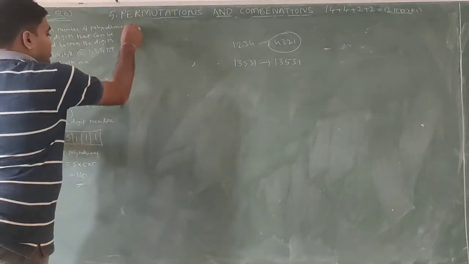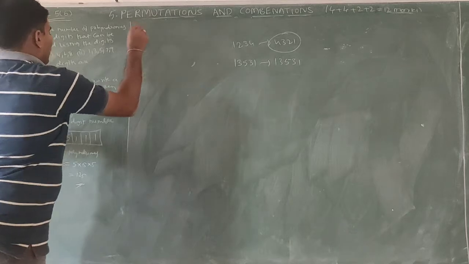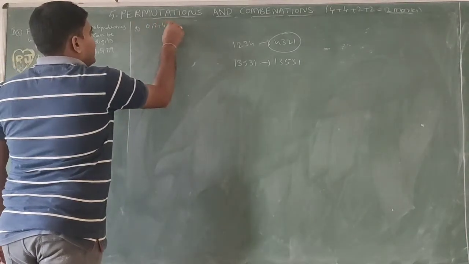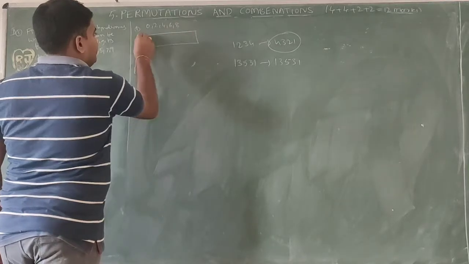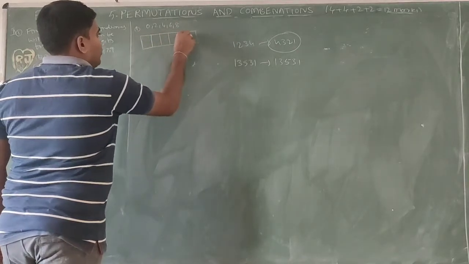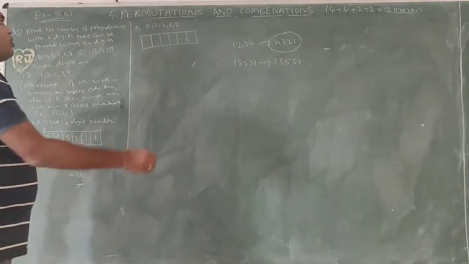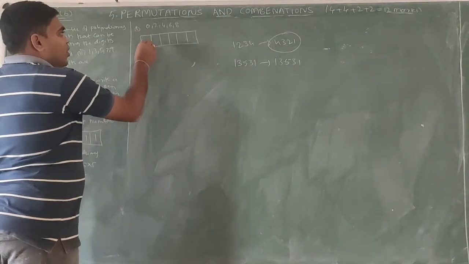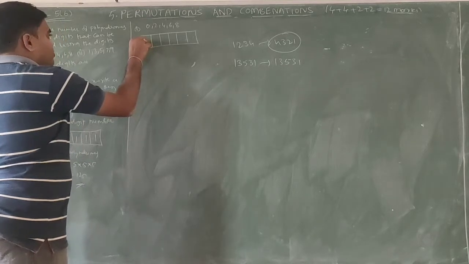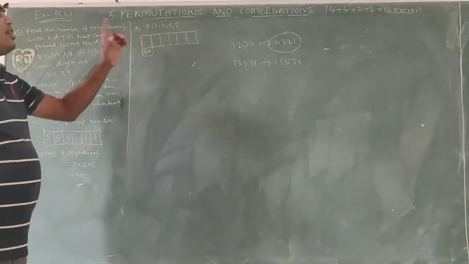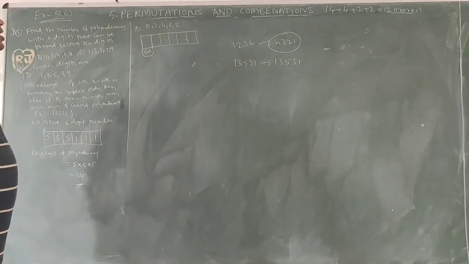Okay, now the first one. What is the first one? 0, 2, 4, 6, 8. So we have 5 choices. Now I want to fix here how many choices? 5 choices, but it can't contain 0. If it is 0, it is not a 6 digit number.